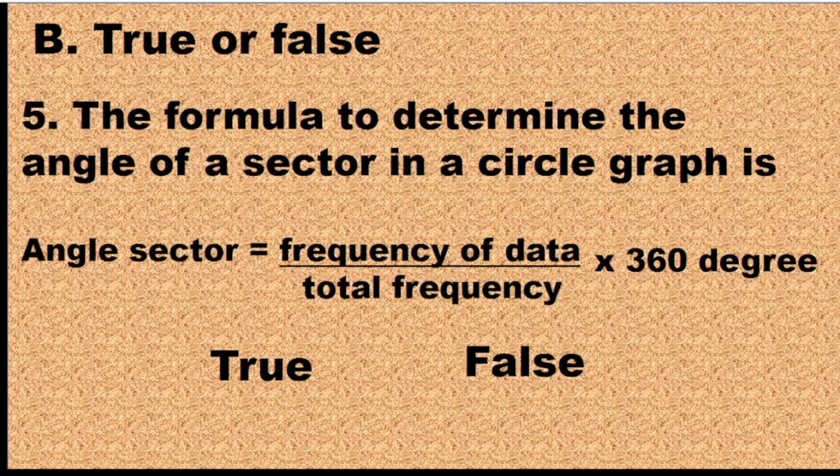For number 5, choose between true or false. The formula to determine the angle of a sector in a circle graph is angle sector is equal to frequency of data over total frequency times 360 degrees. True or false? Your timer starts now.